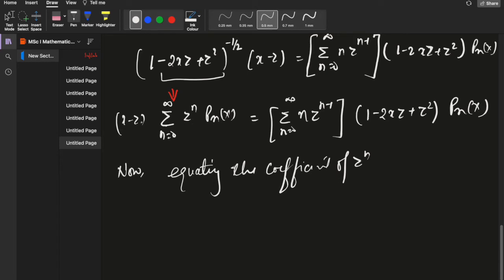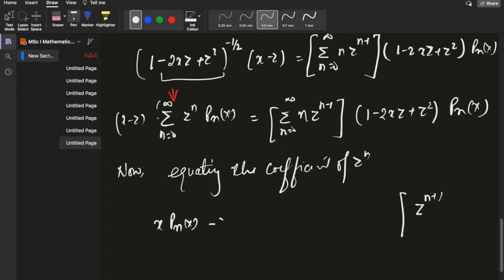Just multiply x P_n(x), the first term will be x P_n(x), minus what, if I multiply z with this term, so for this we will have z to the power n plus 1.